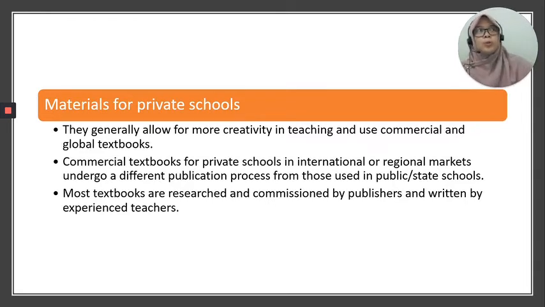So not only the ones that are compulsory from the government, but they also allow more textbooks, global or international textbooks. So commercial textbooks for private schools.